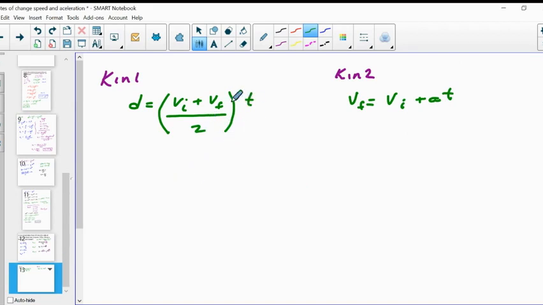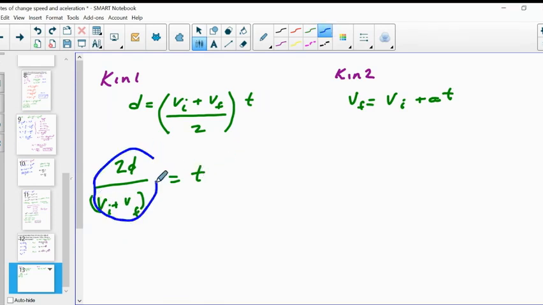I'm going to take our first equation and write this again in terms of time. So I'm going to have 2d divided by the velocities added together equals my time. Now I'm going to take this value and substitute it into that equation right there.